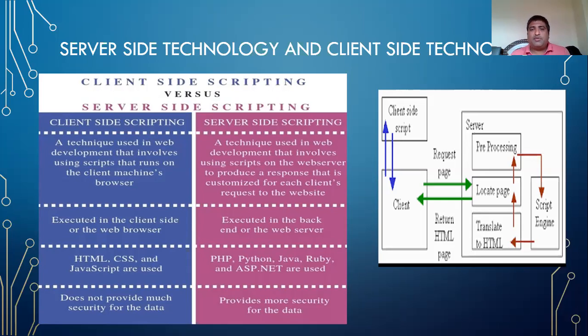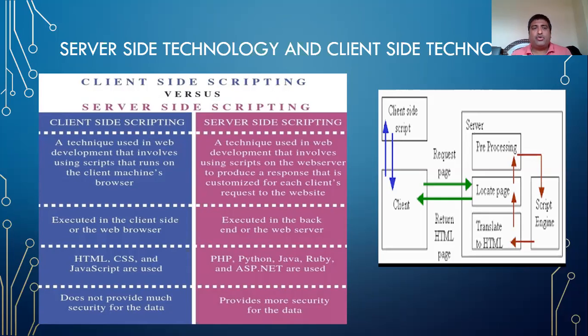Server-side scripting is a technique used in web development that involves using scripts on the web server to produce responses that are customized for each client's request to the website. So in server-side scripting, the code resides on a server. In client-side scripting, the code resides on a client machine. Whenever we are using server-side scripting, the server is responsible to execute that code. The server processes that code and sends the result to the client, which is executed on the client side or the web browser.